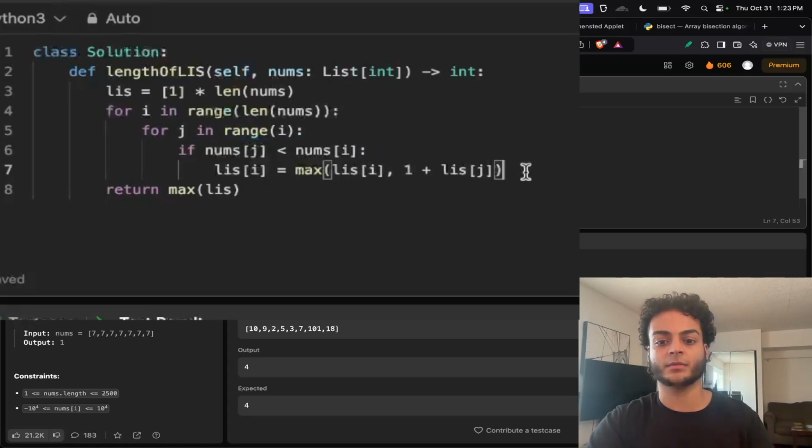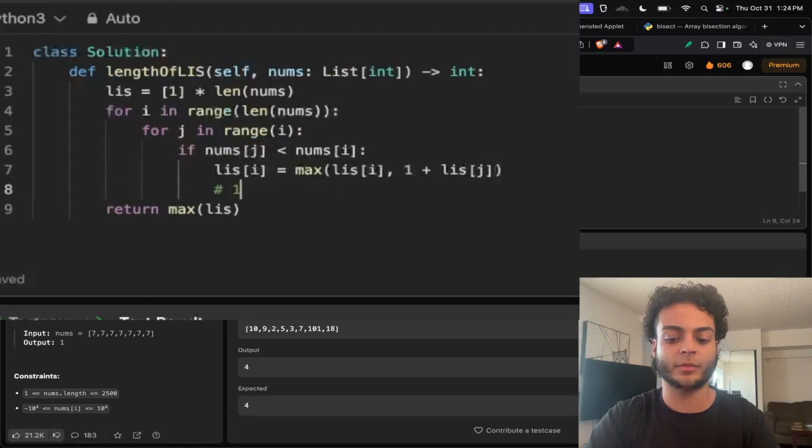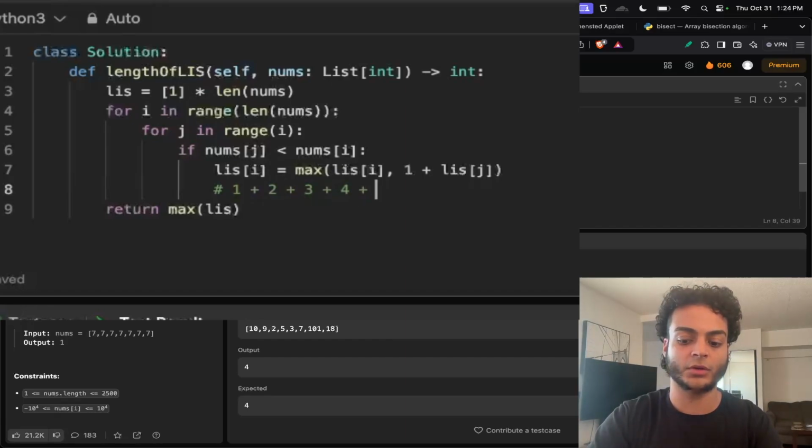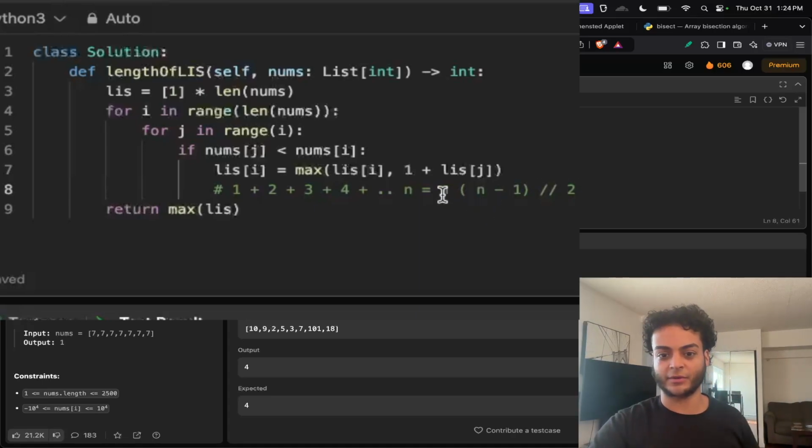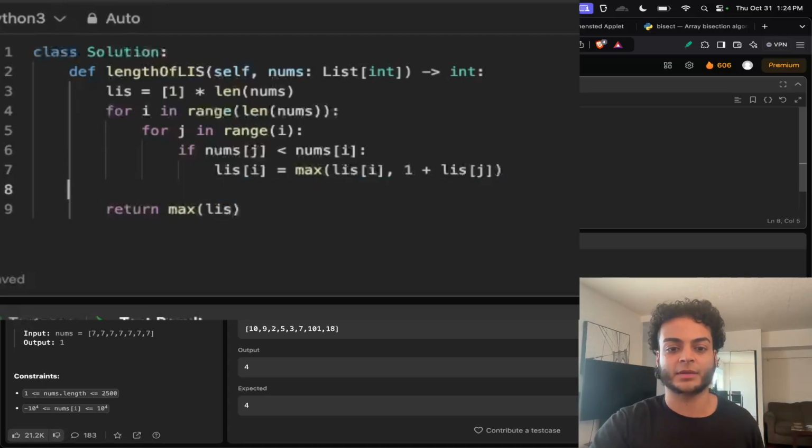So essentially, we're adding up 1 plus 2 plus 3 plus 4, and so on, all the way up to n. This is going to be quadratic, according to Gauss or whatever. We're going to have n times n as the largest term, which means we have an O(n squared) time complexity.